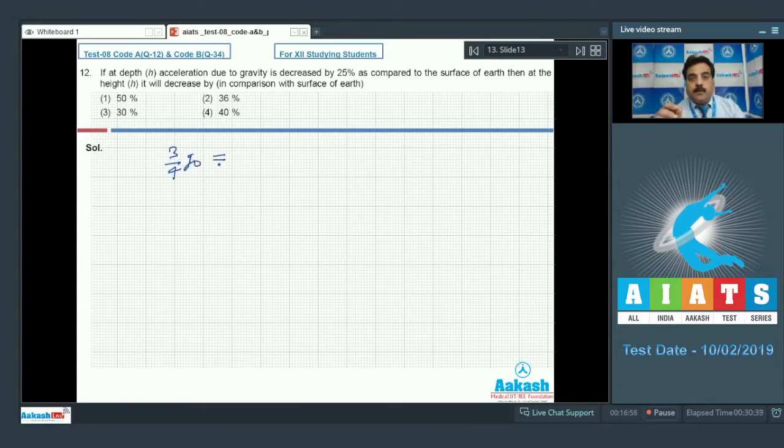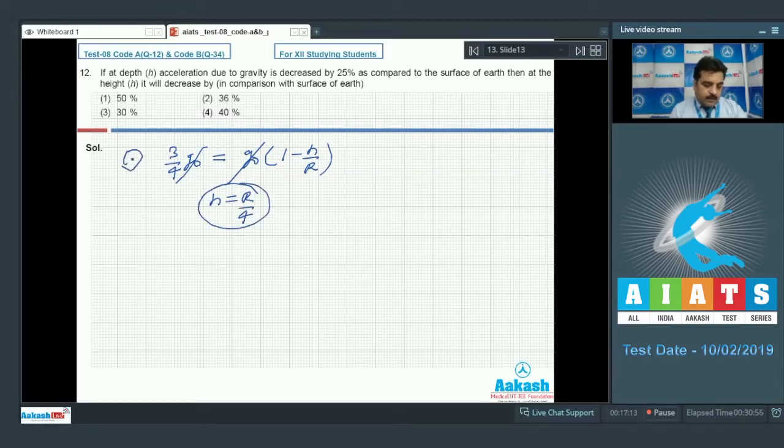G naught is the value of g at the surface, and in terms of depth you know the formula, 1 minus h by r. So g naught will cancel. When you calculate, you will get h is equal to r by 4. That was my step number 1.